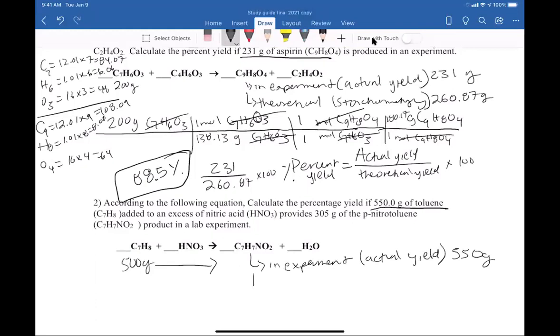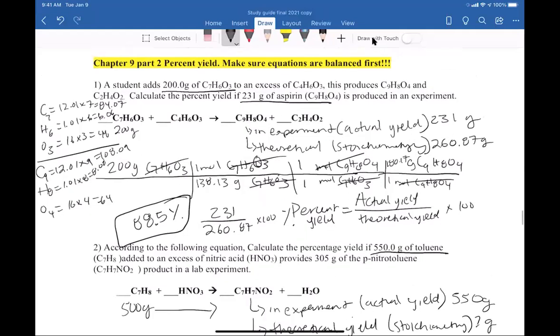They want you to figure out the same thing. They want you to do the theoretical yield. So stoichiometry, to see how many grams of this do you get, and then you do the percent yield. I'm going to tell you right now, there is a problem like this on the test.